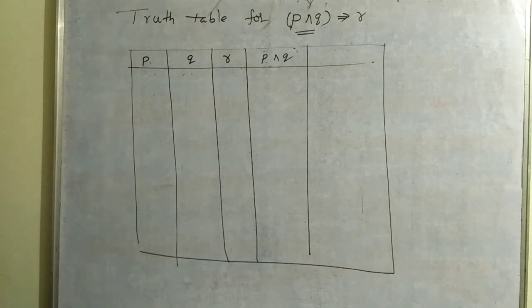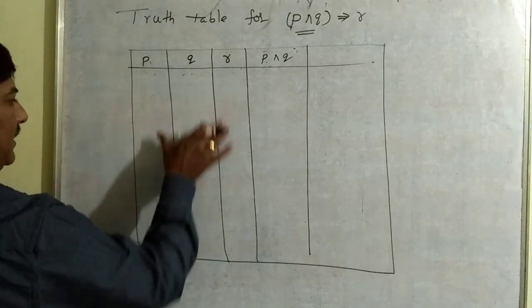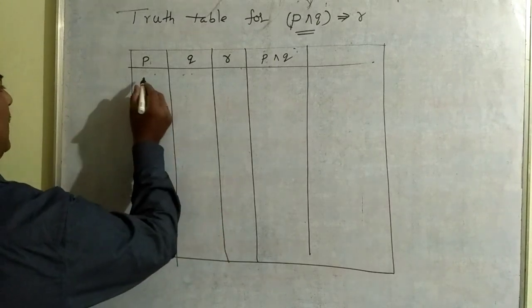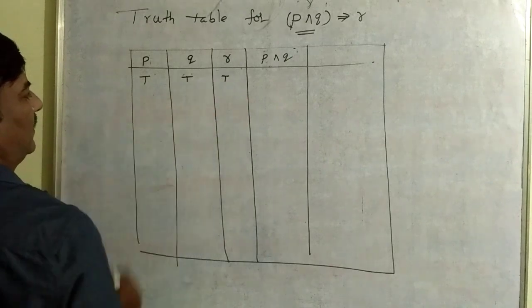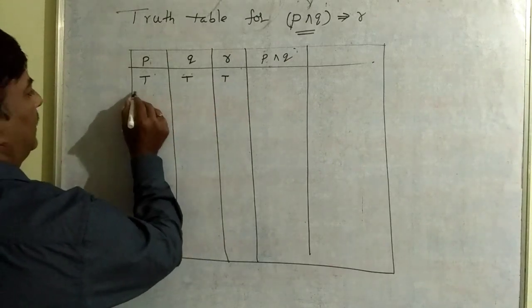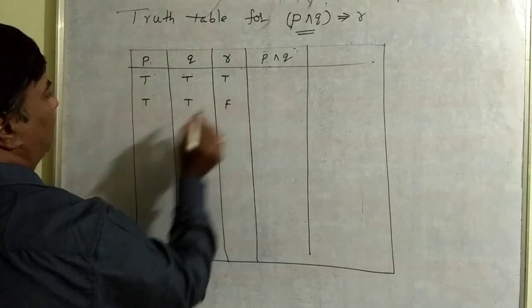To write P conjunction Q, first of all complete this table first, that is, we'll get all the cases: true, true, true. Next, second case is true, true, false.